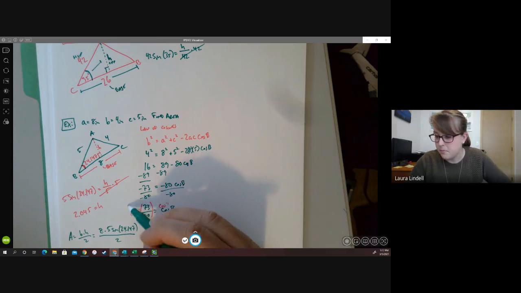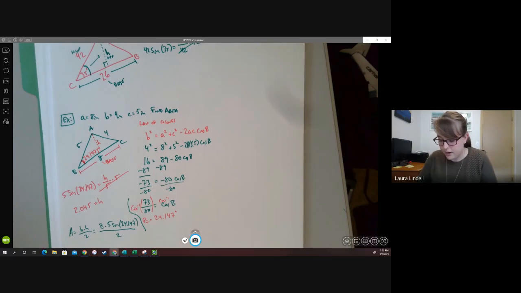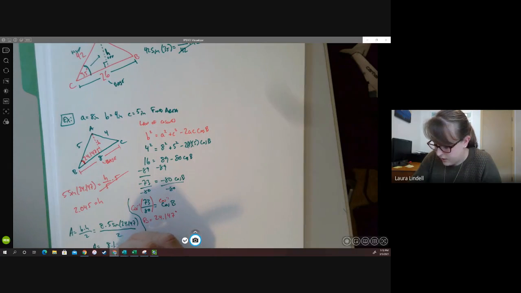But we don't need to go quite that far. Anyways, 8 times 5 sine of 24.147 divided by 2 gives us an area of 8.182 square inches.